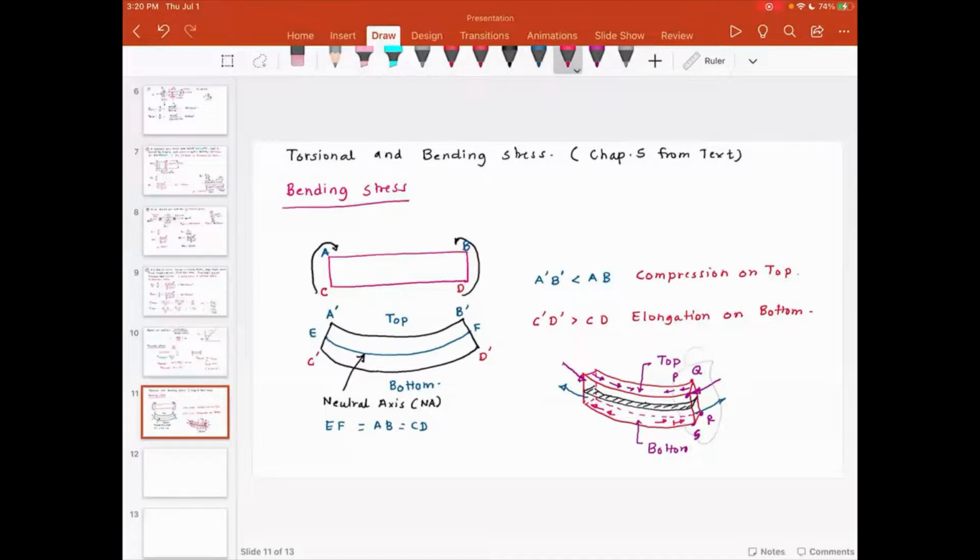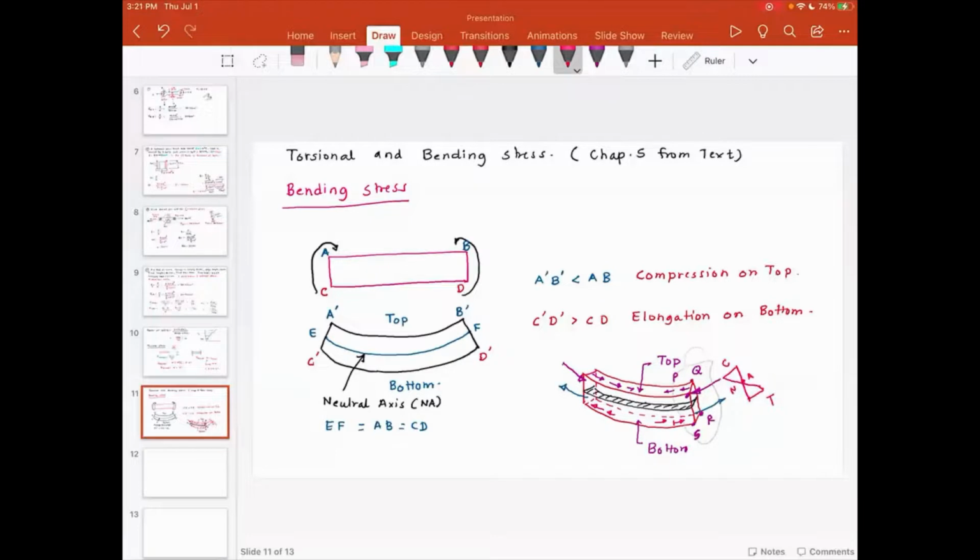So if I were to show the distribution of the stress, you will notice on the top it's compression, and at the bottom this is tension. And the variation is linear. There is no stress at the neutral axis, but the variation is triangular, with compression on the top and tension at the bottom.